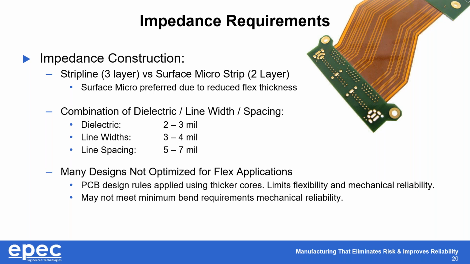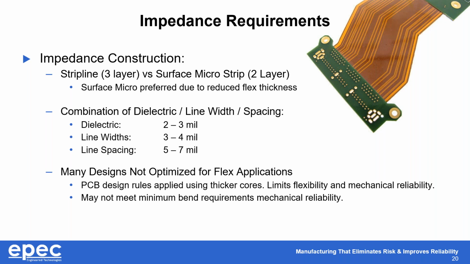In the flex industry, there is a preference towards the surface microstrip, primarily because it allows for a much thinner and much more flexible flex construction, which is going to give you a higher degree of bend capability and a higher degree of mechanical bend reliability.